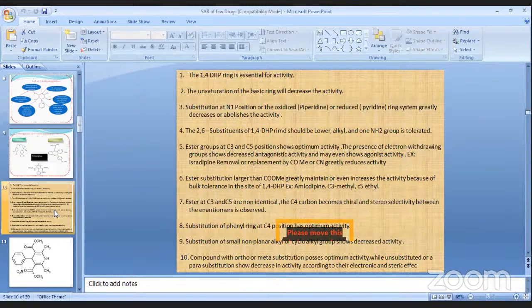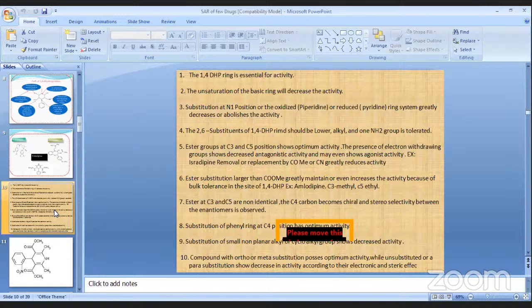But if the unsaturation is in all the other positions, 3, 2, the molecule is inactive. So the basic moiety 1,4-dihydropyridine is essential, and another point is that unsaturation of the basic moiety of the pyridine decreases activity.